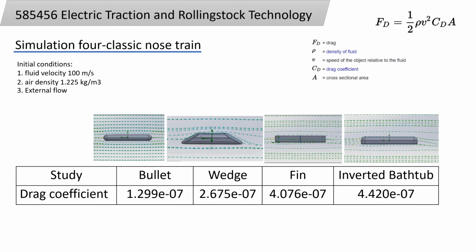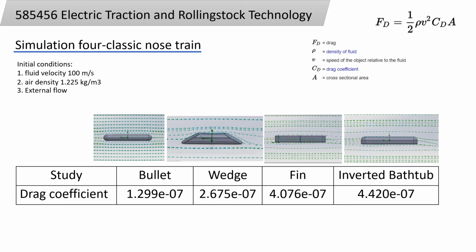We are still at the study of simulation for 4 different train noses. In this slide, we add bodies to both ends of the model to be as similar as possible to the real train.